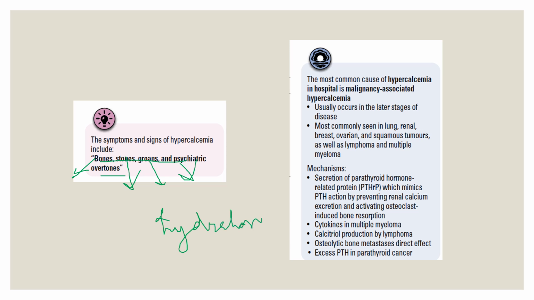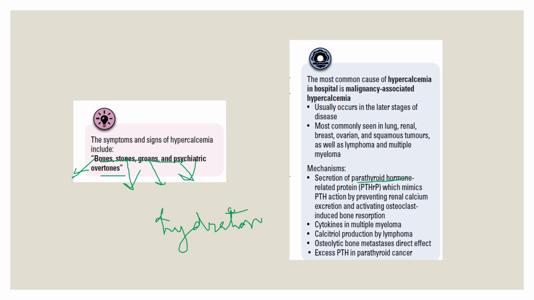The most common cause of hypercalcemia in a hospital is malignancy associated hypercalcemia, usually occurring in the later stage of the disease. Most commonly in lung cancer, we said squamous cell carcinoma as a paraneoplastic syndrome, also renal, breast, ovarian, squamous tumors, etc. It is due to the creation of PTHrP, parathormone related peptide, which can mimic the PTH action.